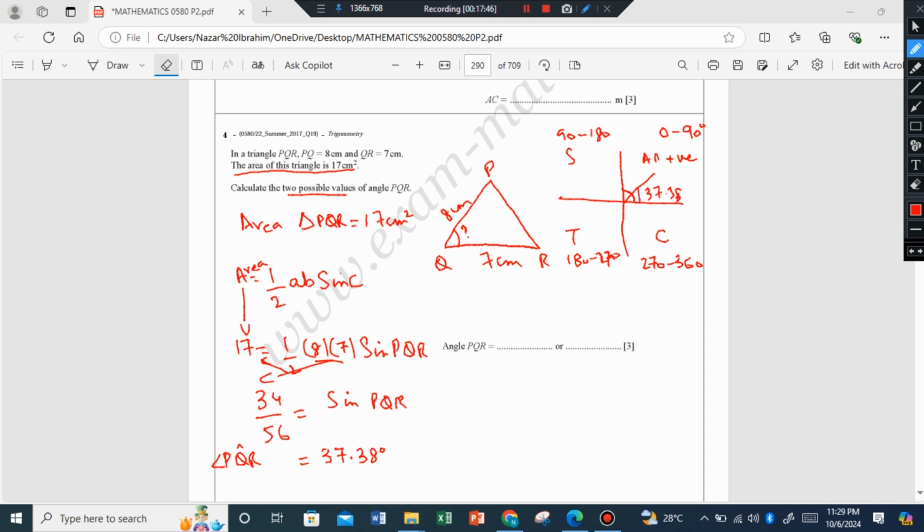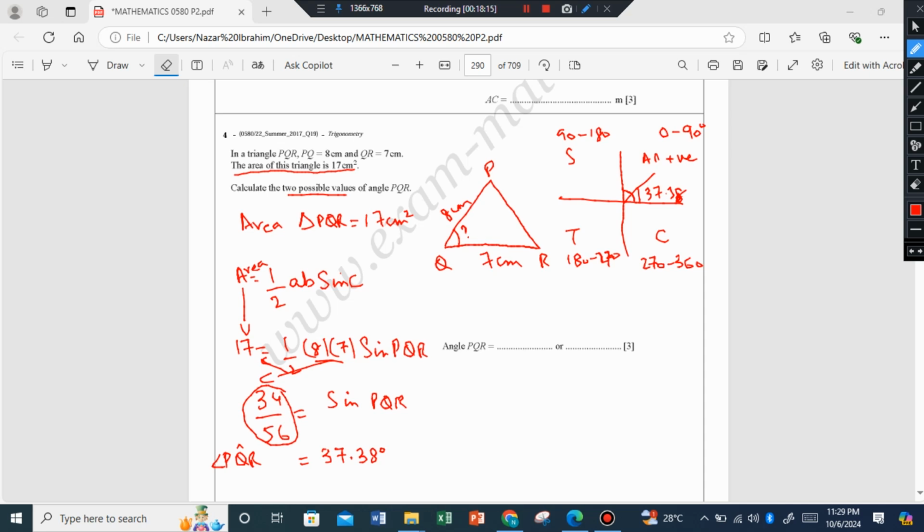Since the value which we have got is positive, the sine of angle PQR, we should have the second value in the second quadrant. Now how to take that out? We consider this first angle, which is in the first quadrant, as the base angle.